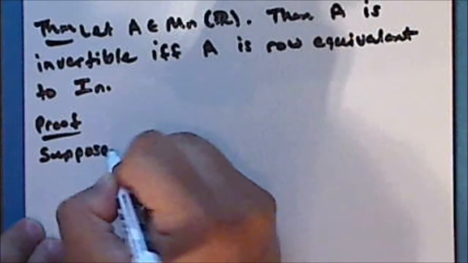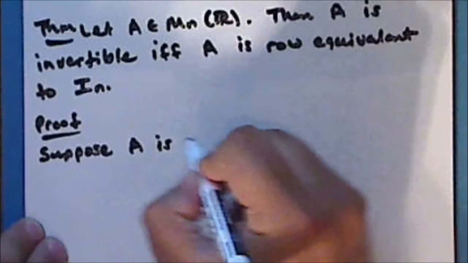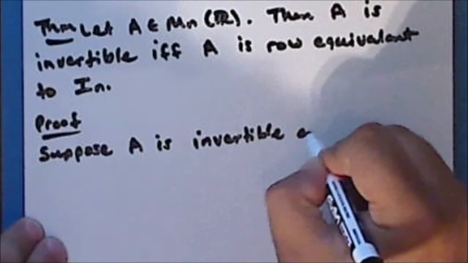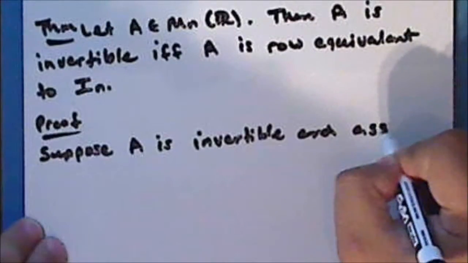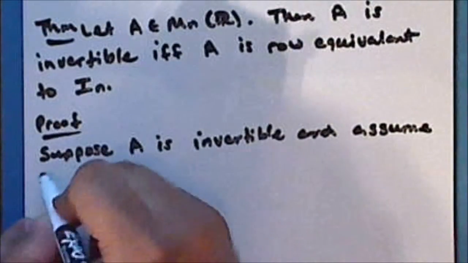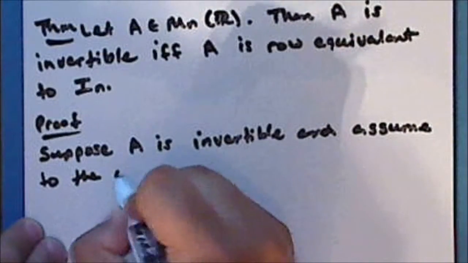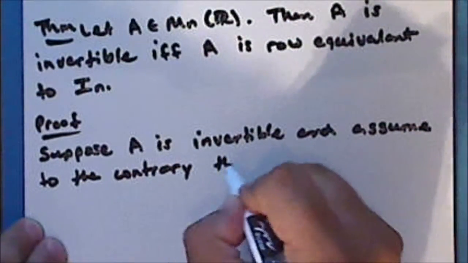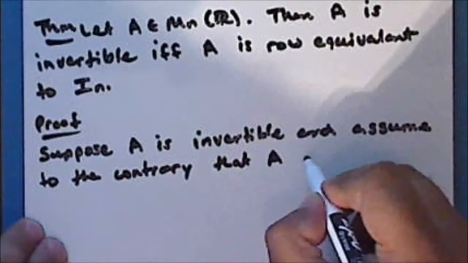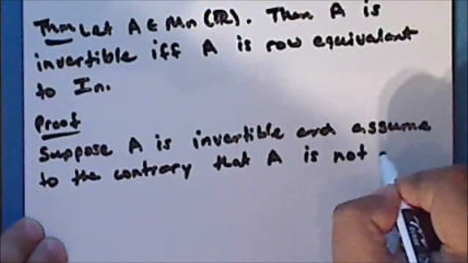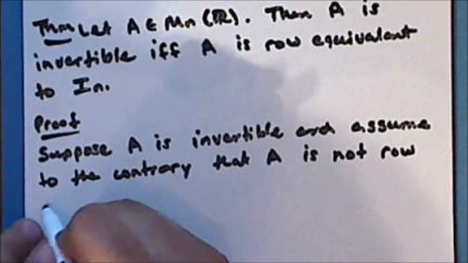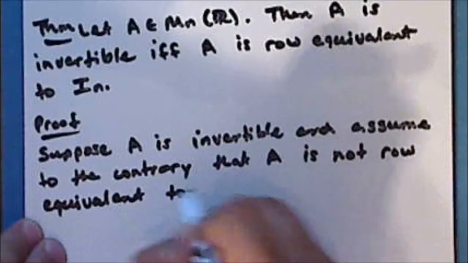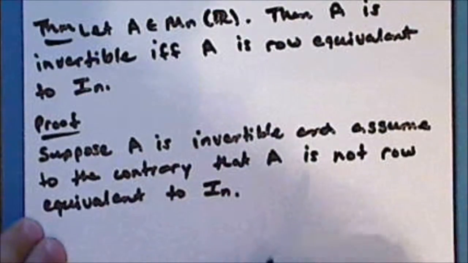Suppose that the matrix A is invertible, and assume to the contrary that A is not row equivalent to the identity matrix of order n.